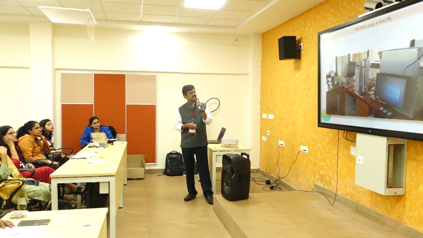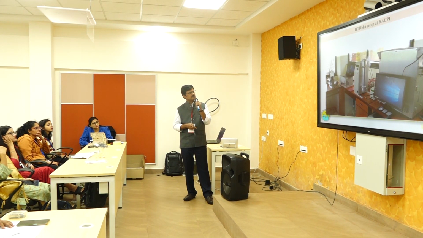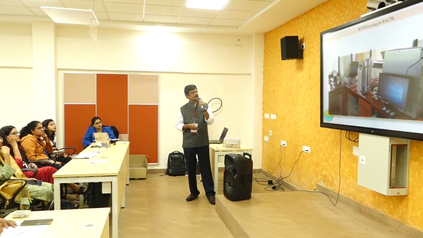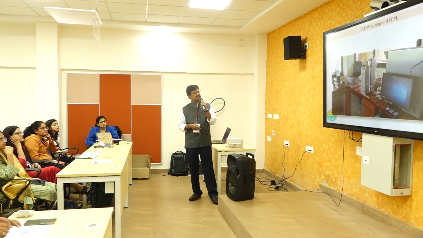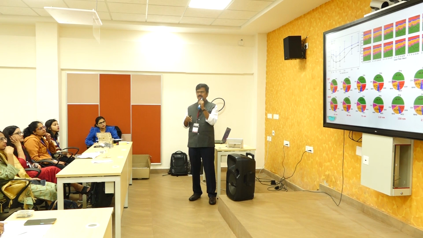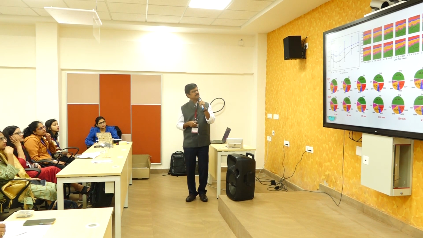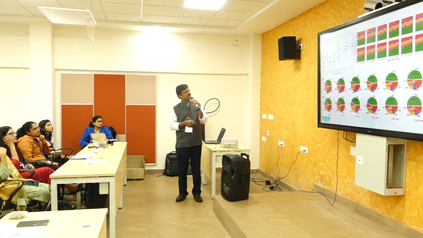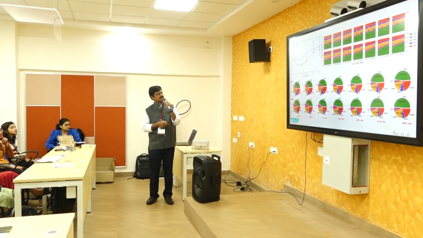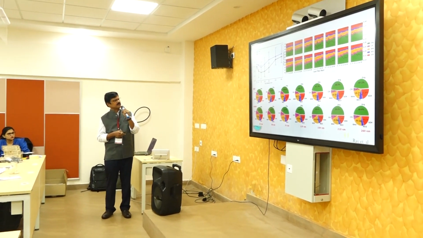This is the HTDMA setup at our lab. We have two DMAs; you select the size and give it to the humidification chamber, see the growth factor, and from the growth factor you estimate the hygroscopicity parameter. There are two seasons, March, April, May, and winter.